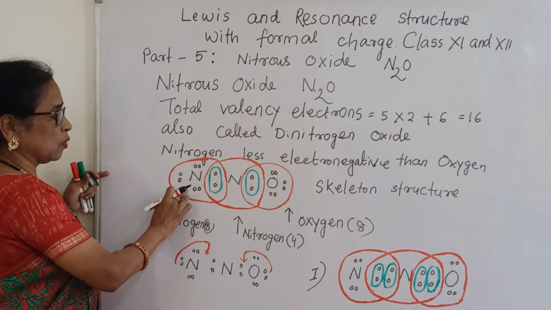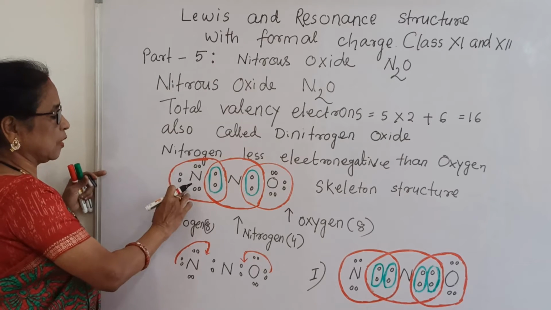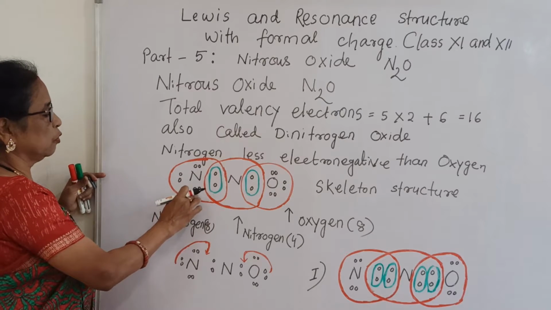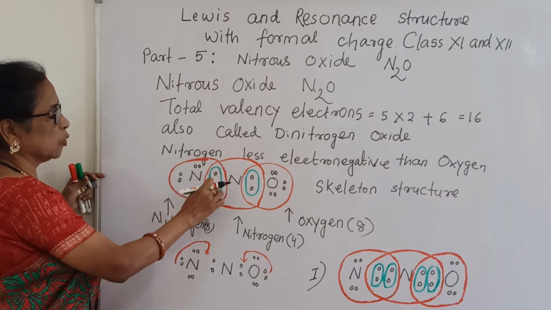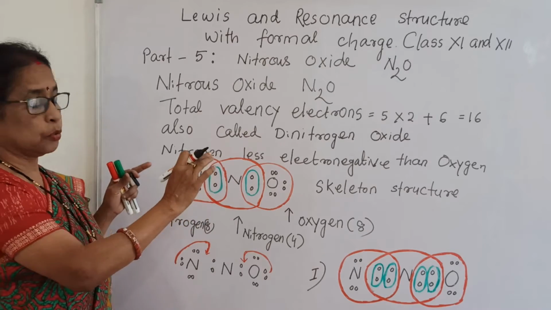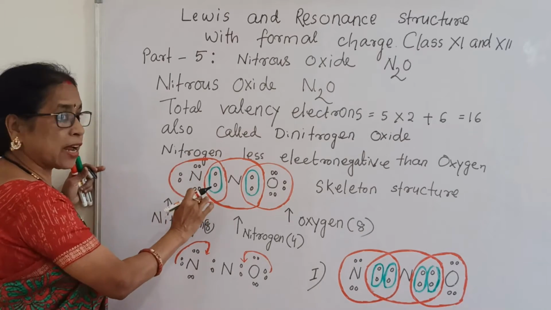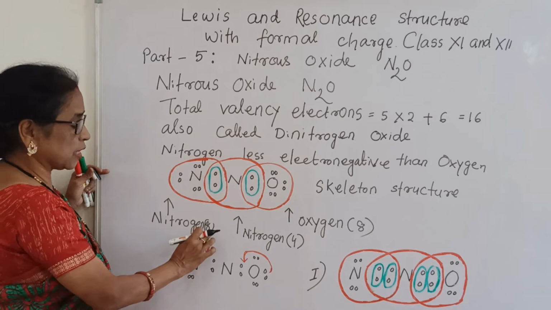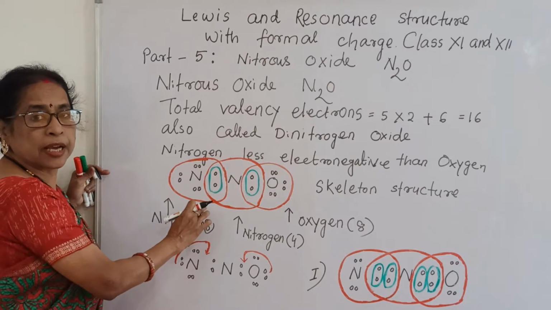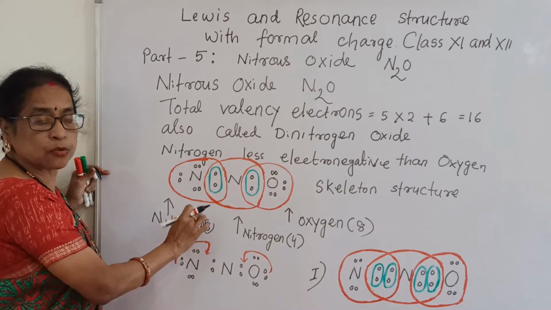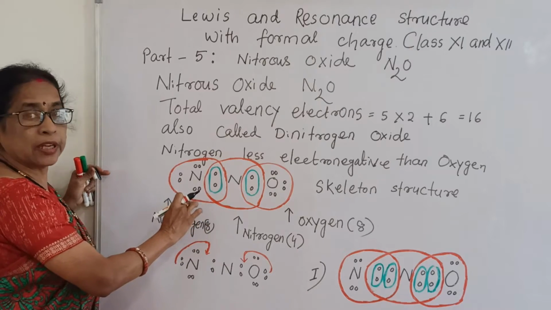And the side nitrogen also has 2 plus 2, 4, into 2, that means 8 electrons surrounded by nitrogen, so it is also following the octet rule.